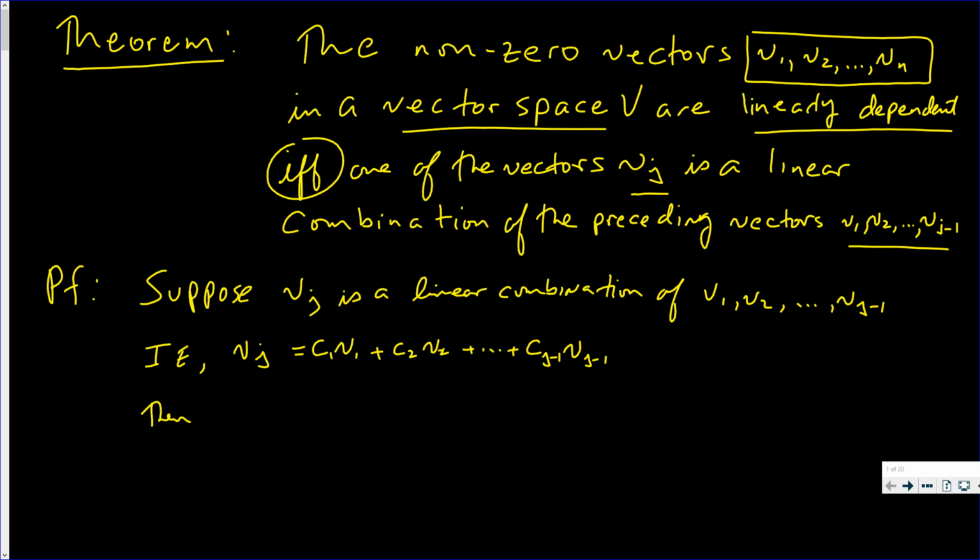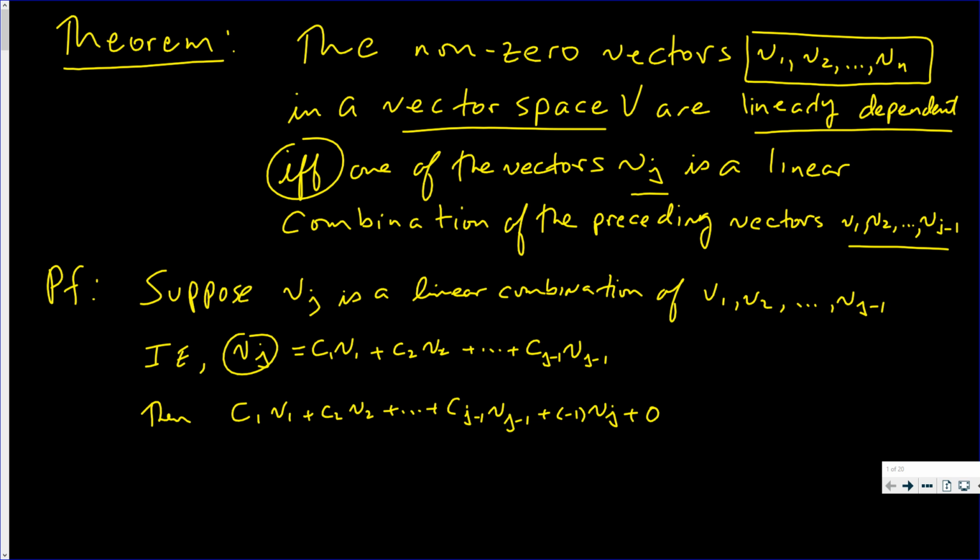Then C1 V1 plus C2 V2 all the way down to Cj minus 1 times Vj minus 1, well, that's Vj, plus negative 1 Vj. So that's 0.